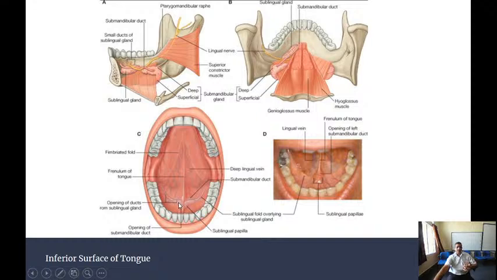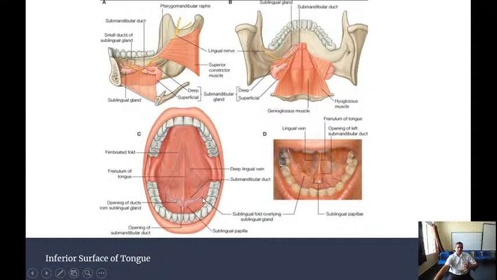Now just beneath the mucous membrane of the floor of the oral cavity, there is a salivary gland. There are three major salivary glands which are in pairs. One is the parotid gland, the other is the submandibular salivary gland, and the third is the sublingual gland.